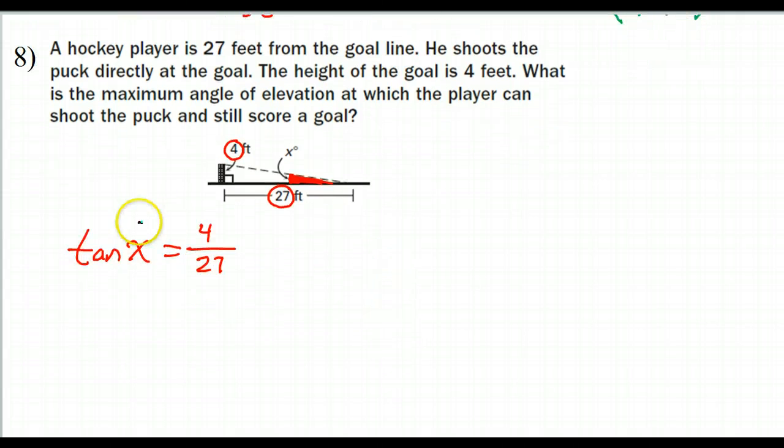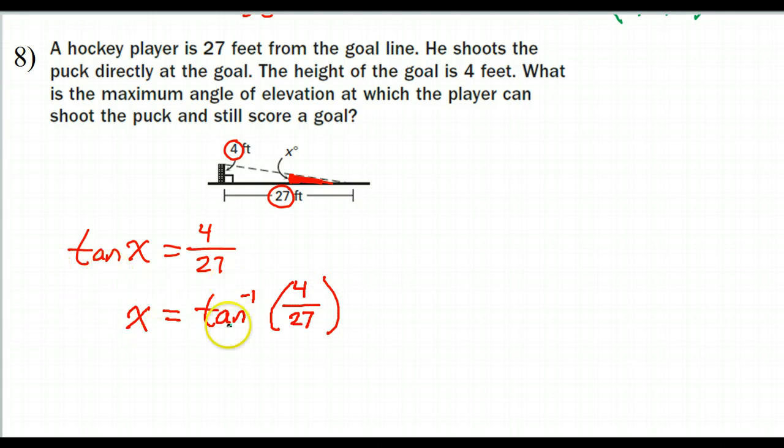Fine. How do I find the unknown when it's the angle inside the function? Well, that's when I use the inverse trig function. So the angle is going to equal the inverse tangent of 4 over 27.